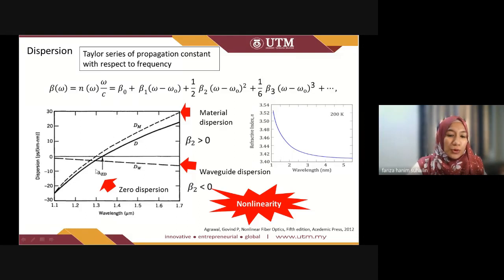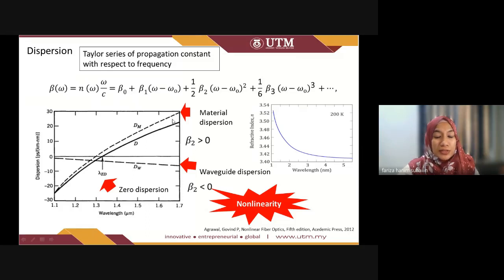And then we have beta 3 and so on, which are the higher order dispersion terms. So if we refer to this figure that we have here, this is the dispersion profile in silica-based optical fibers. We can see D is the total dispersion. And if we look inside this graph, we have two different types of dispersion that affect the total dispersion in the optical fiber.